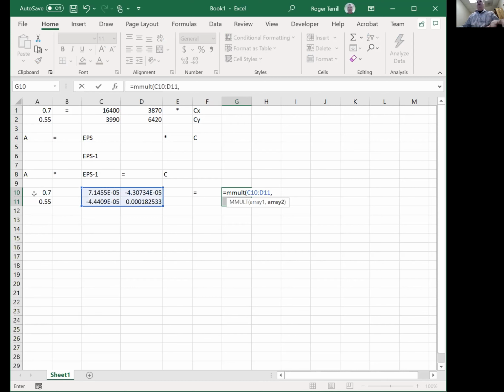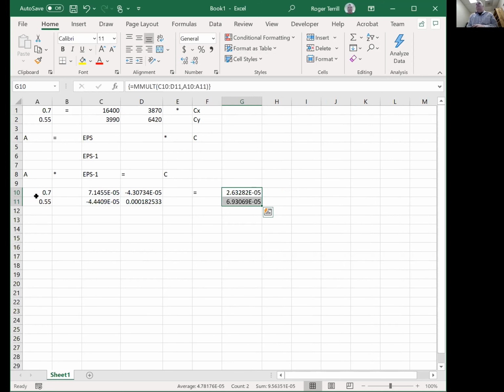If it comes out funky, I'll reverse it. There we go, that's the answer: 26 and 69 micromolar. So this is going to be Cx and Cy. I got that by hand about 5 minutes ago.